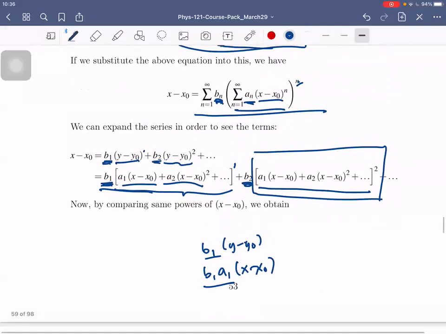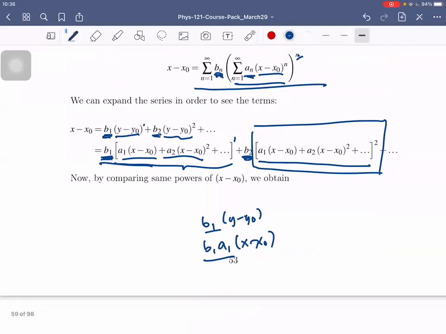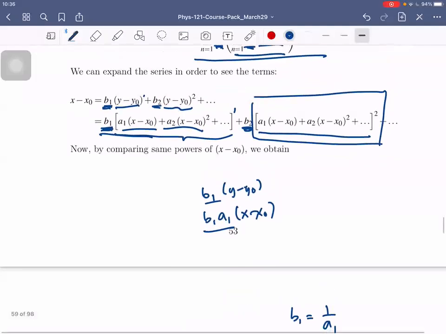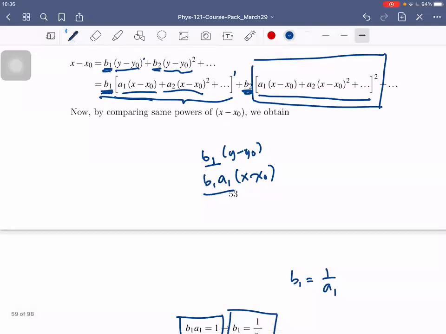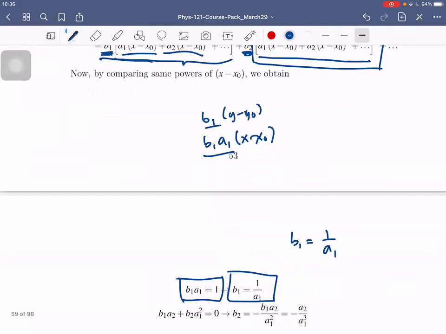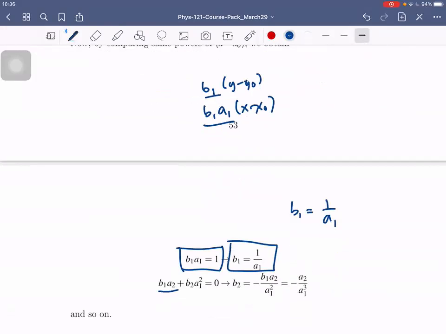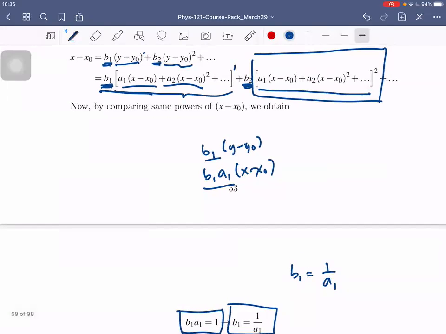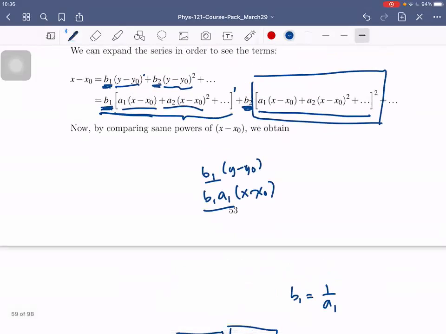So sa second term, we have b sub 2. Kumpara natin sa buong yon, we have b, wait, di ba? Sorry. Okay.